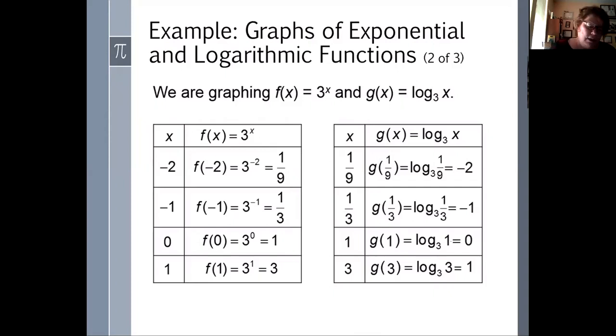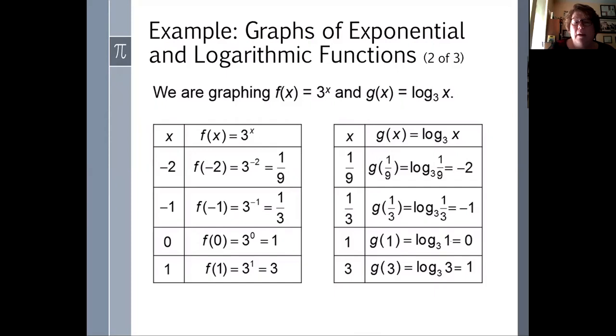So you should see, looking at our exponential function, my x's were -2, -1, 0, and 1. And in my logarithmic function, those are my y's. That's what inverse functions do. They interchange domain and range, x and y.